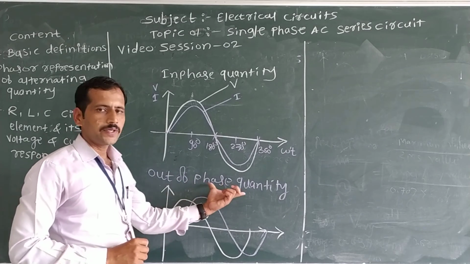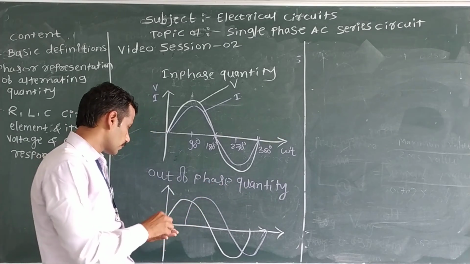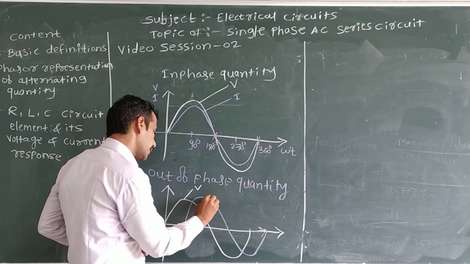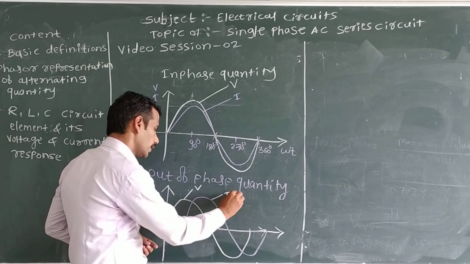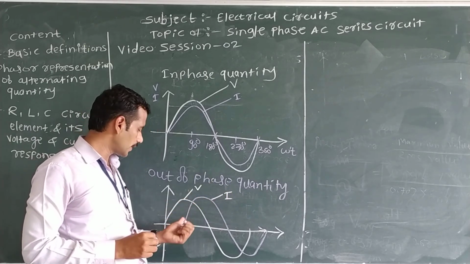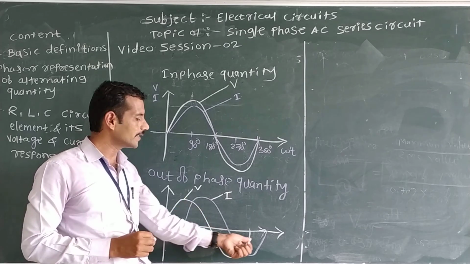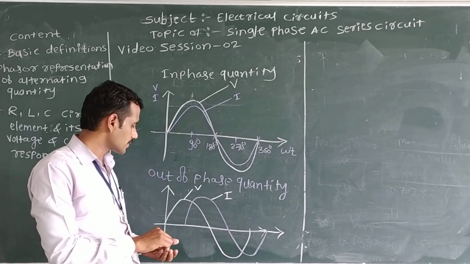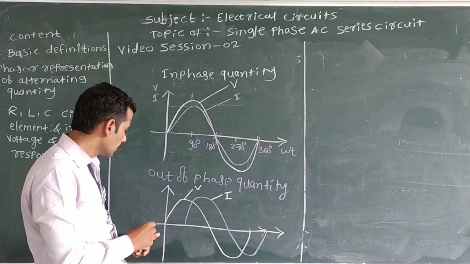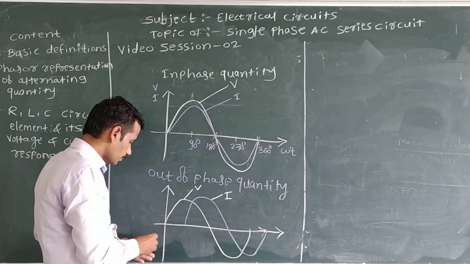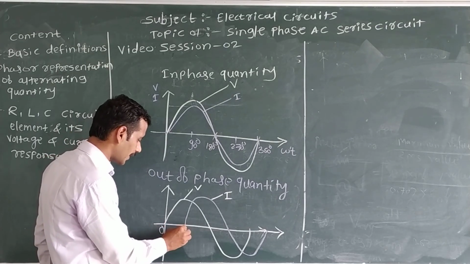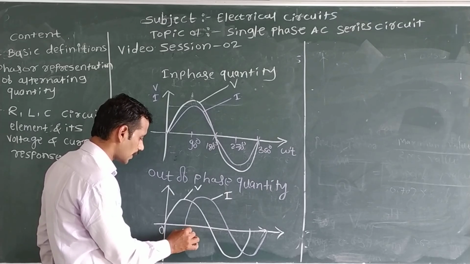In out of phase quantity, again this is voltage and this is current. If two alternating quantities reach their zero and maximum at a different time, that is known as out of phase quantity. Means here at zero voltage is starting, but at 90 degree current will start.